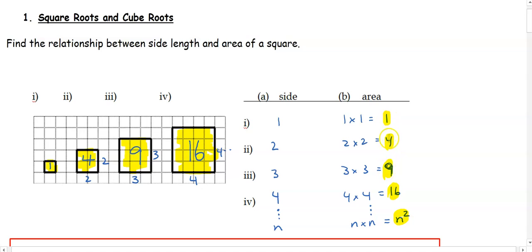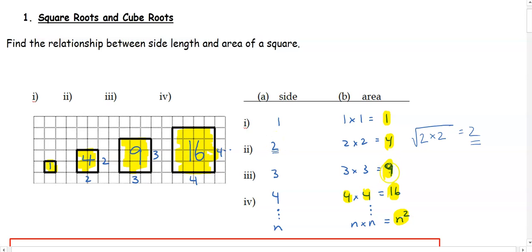So if this number is the product of two whole numbers, then we have a square number or a perfect square. The square root means that if we break that number into two identical factors and take just one of the factors, then we call that the square root, right?